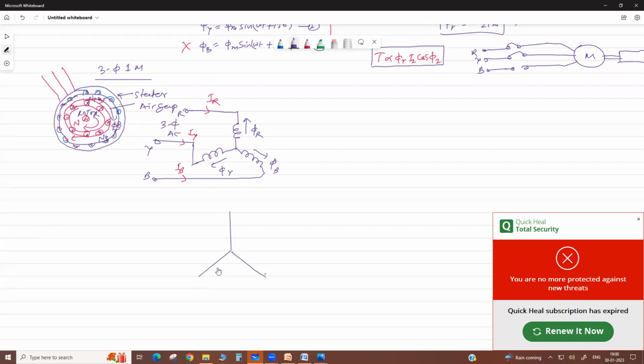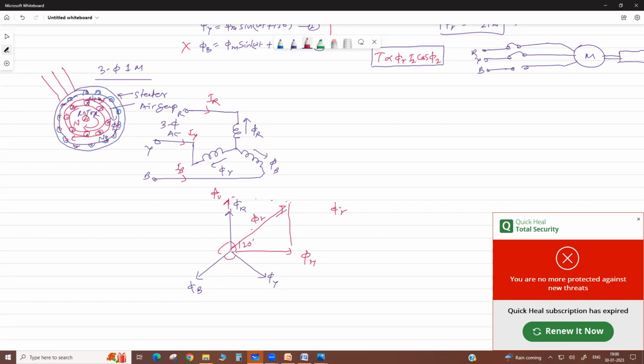This is your magnetic phi R, phi Y, phi B. Now the resultant of all three fluxes, which are 120 degrees apart. To calculate the resultant of all three, we split into horizontal and vertical components, then calculate their resultant. We resolve all three into horizontal and vertical, then we get a resultant flux phi R.